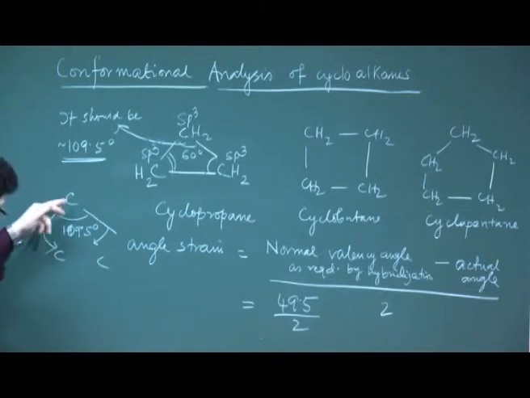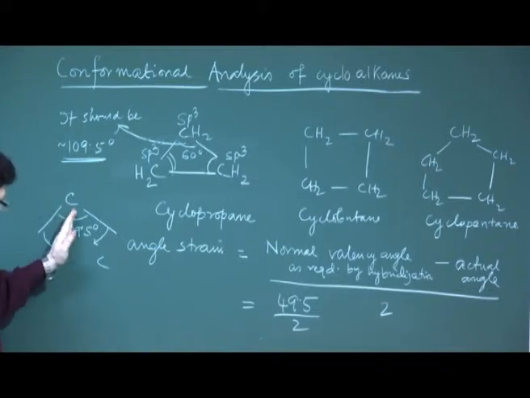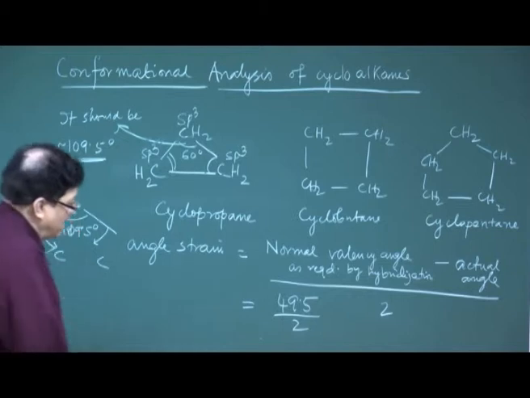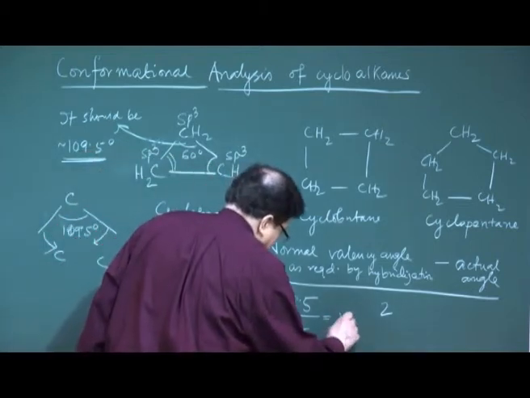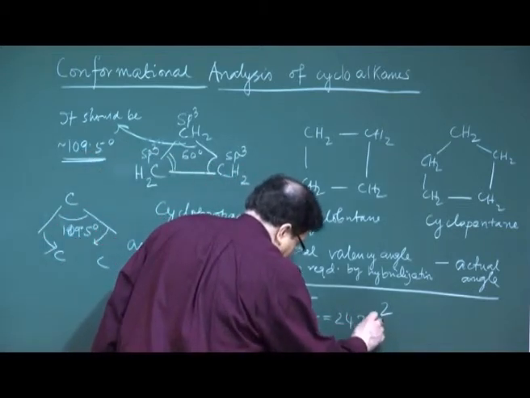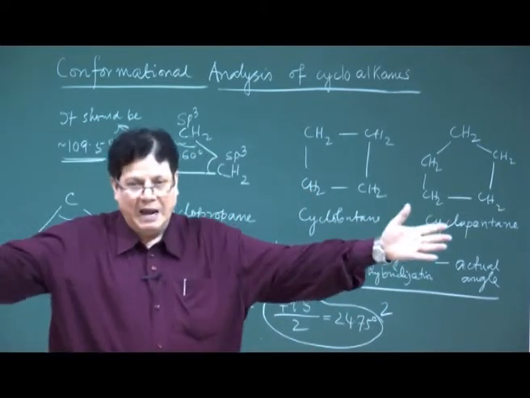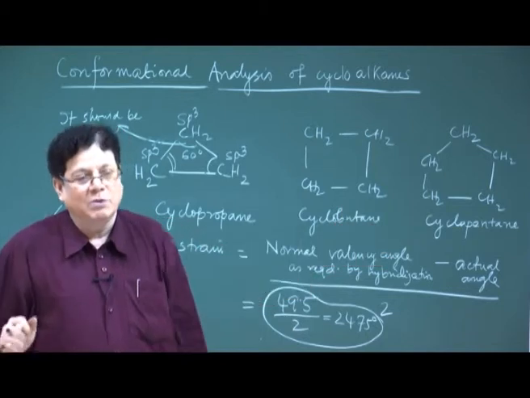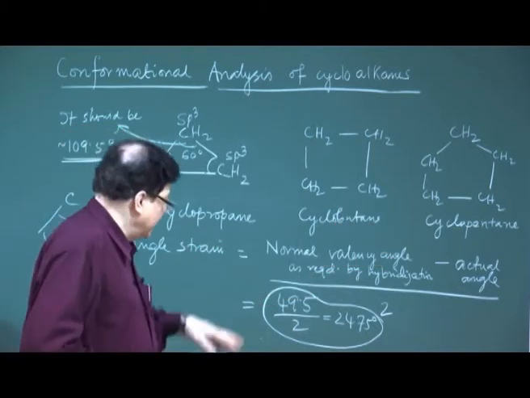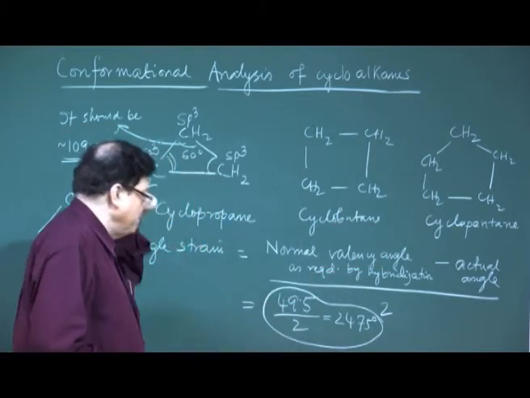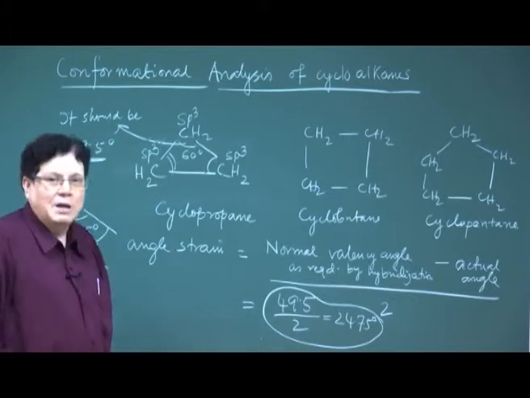This carbon you can connect with this carbon by lowering the bond angle, by moving this by 24.75 degrees. Okay. So, basically the angle strain is shared between both the bonds of the carbon, so you have to divide it by 2. So, that is the angle strain in case of cyclopropane.